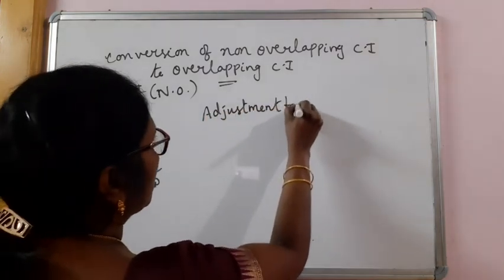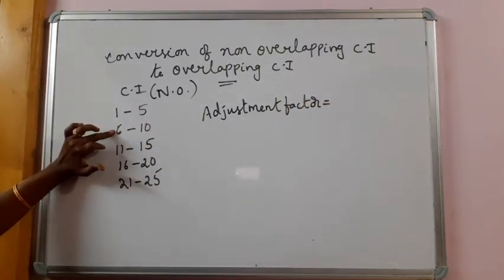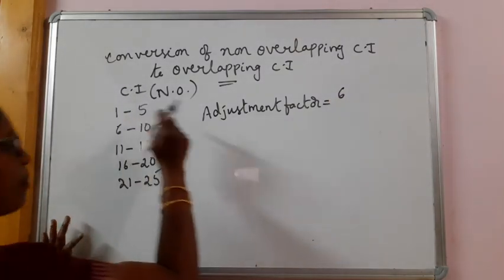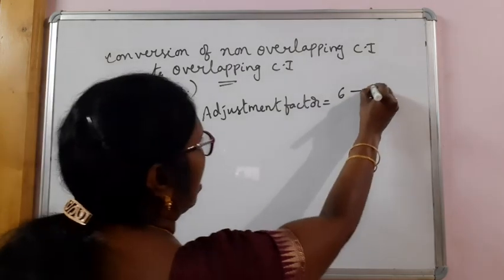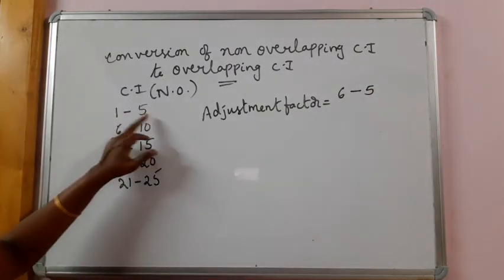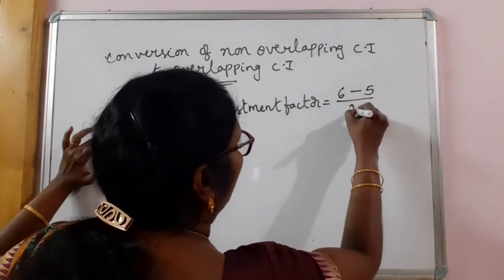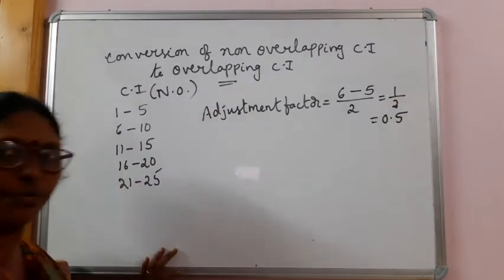What is the adjustment factor? Subtract the upper limit of a class interval from the lower limit of the next class interval and divide by 2. 1 by 2 you get, that is 0.5.